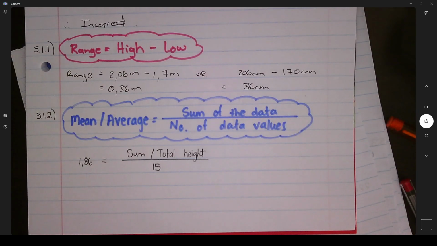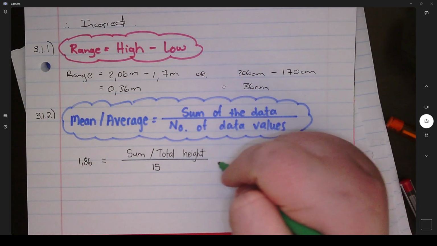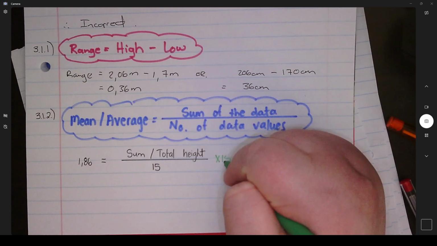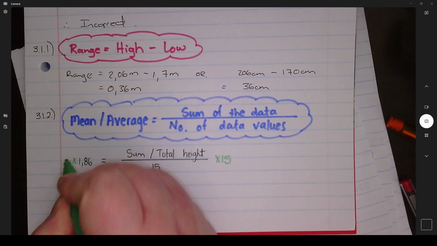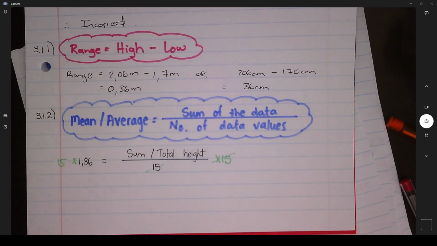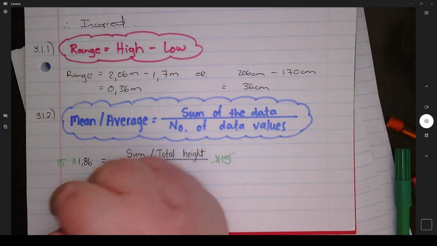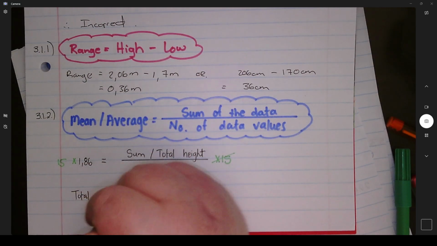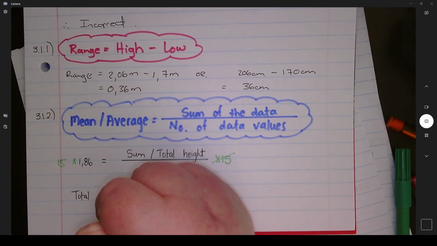If you are very unfamiliar with algebra, even grade 8 algebra, you might be unsure, but we need to multiply with 15 on both sides to get the total height alone. And this is 1.86 meters, and they're asking us to answer in meters, so we're not going to convert it to anything.